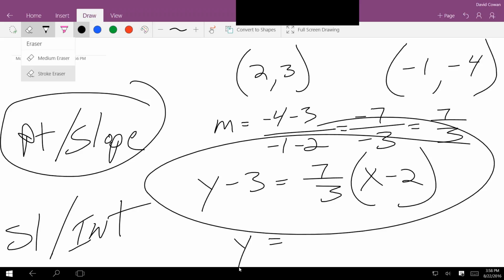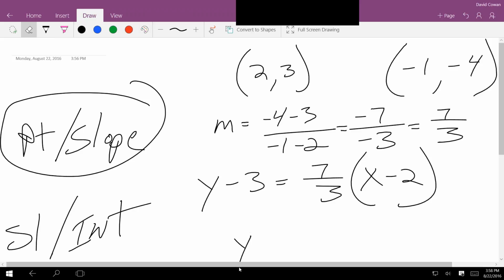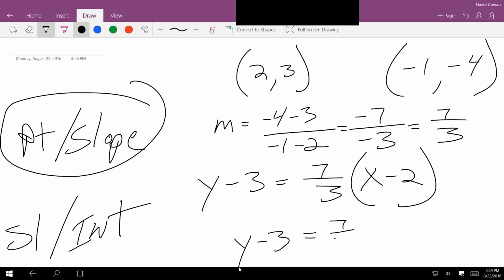All right, so distribute the 7/3 to the x minus 2. Glad I didn't fool you. So we have y minus 3 equals what? 7/3 x minus whatever. Well, just do it. What's 7/3 times minus 2? 14/3.